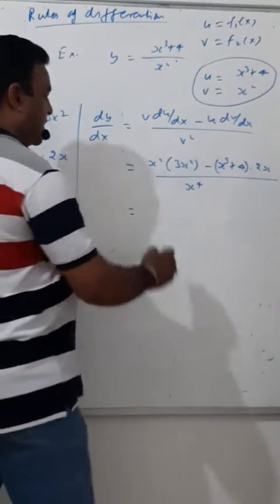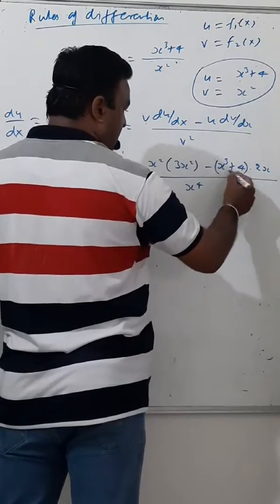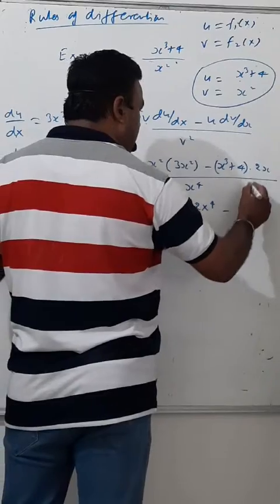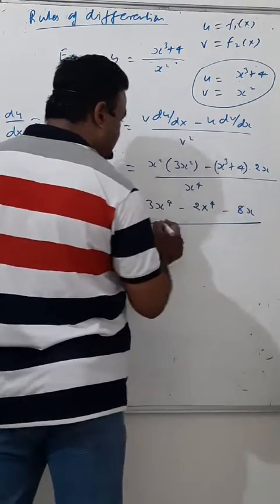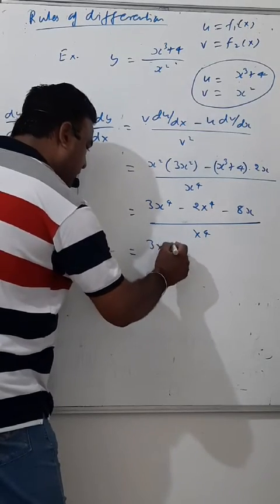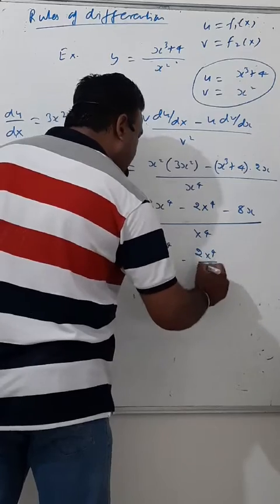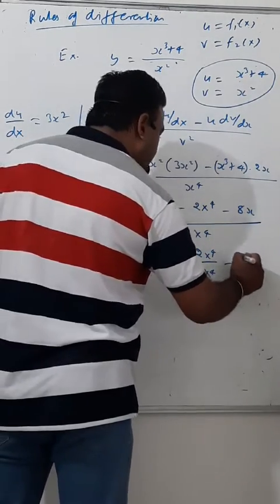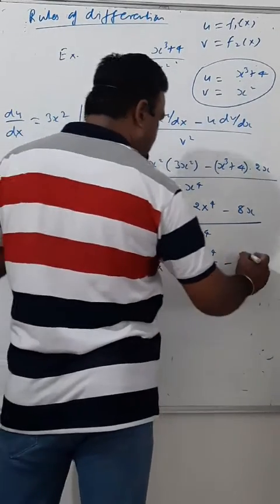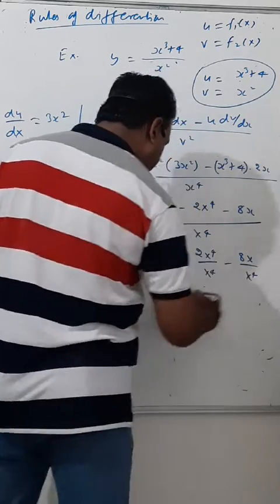Now in the numerator it is 3x^4 minus, let's expand it, 2x^4 minus 8x upon x^4. It will be x^4 upon x^4 minus 2x^4 upon x^4 minus 8x upon x^4.